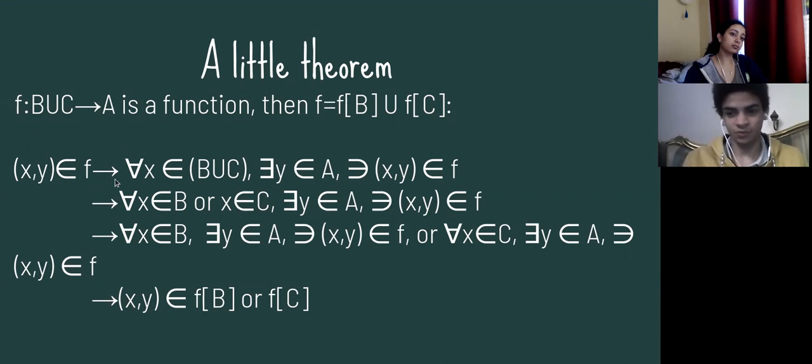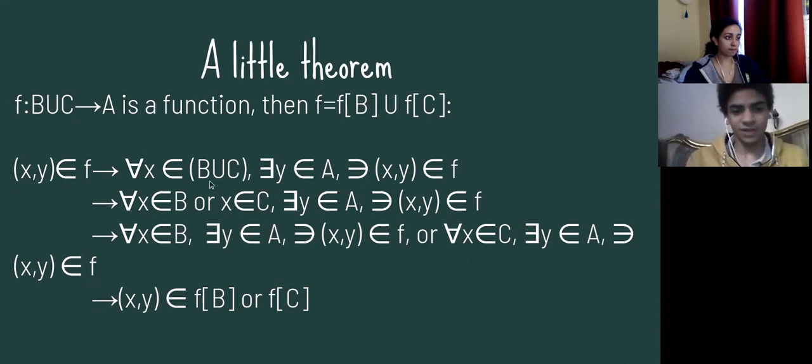Last session we spoke about what the function means, and from that definition we said that if xy belongs to f, then for all x belonging to B union C, there exists a y belonging to A such that xy belongs to f. So this is just from the definition of a function, that for every element in the domain, there exists at least one element in the codomain, such that xy belongs to f. So it's just a special kind of graph.